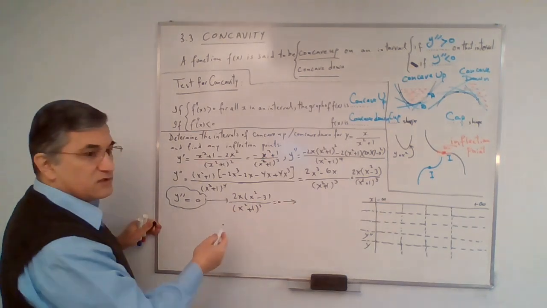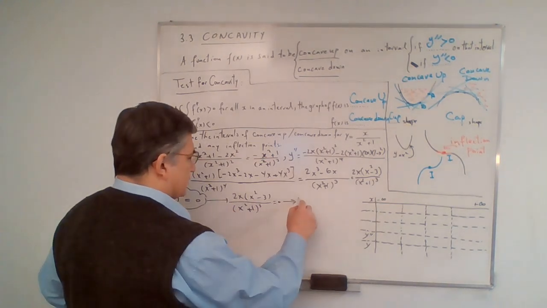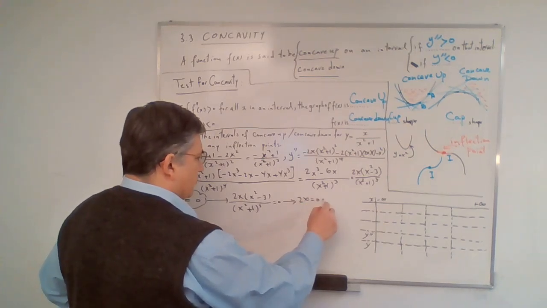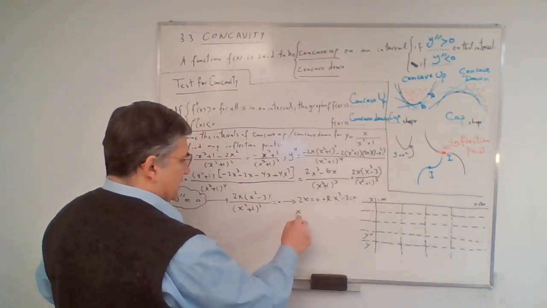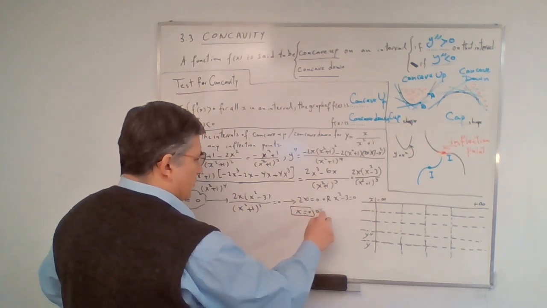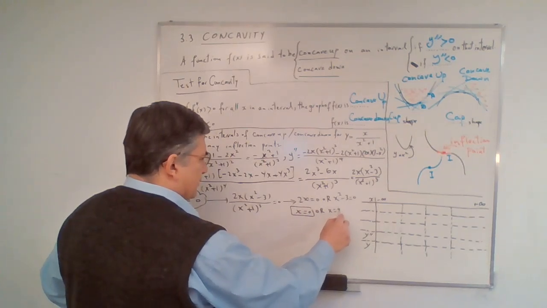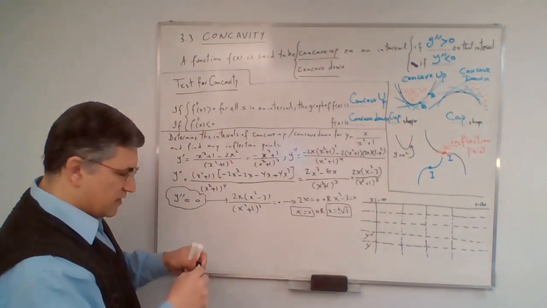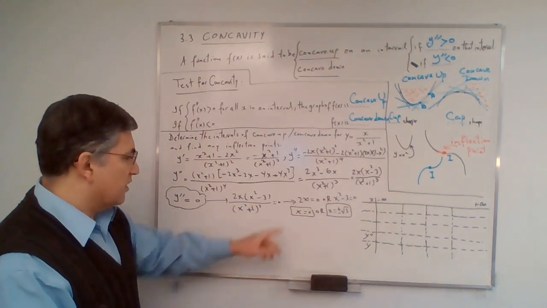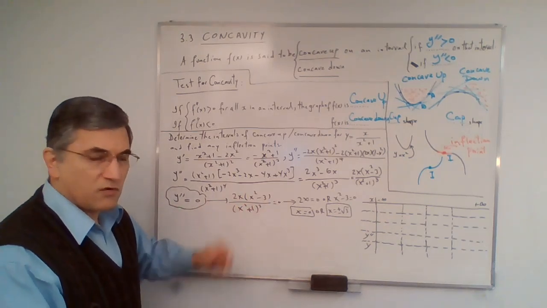We know that a fraction equals 0 when its numerator is equal to 0. So either 2x is 0 or x squared minus 3 equals 0, which means that either x is 0 or x is plus minus square root of 3. So I found 3 x values, to tell you the truth, where the second derivative is 0.